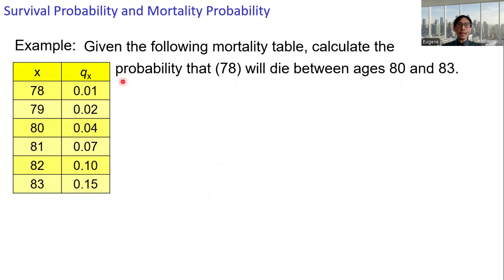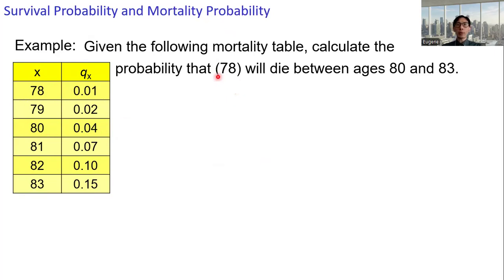So at age 78, the probability of dying in the next year is q78, which is 0.01. 1% chance that a person at age 78 dies before reaching age 79. And then similar interpretation at age 80, the probability that the person died before reaching age 81 is q80, which is 0.04.